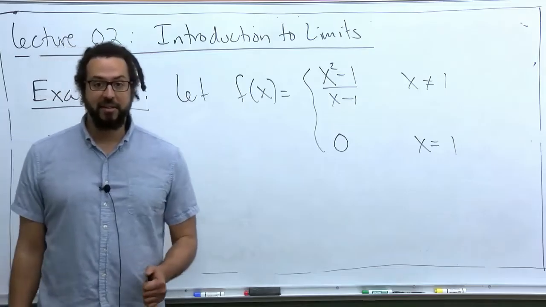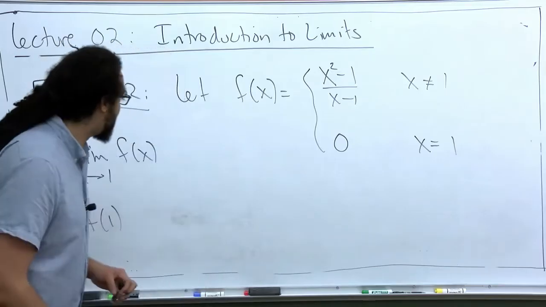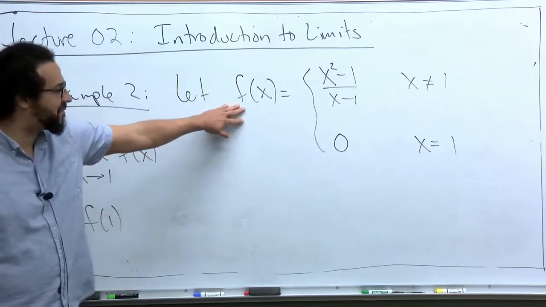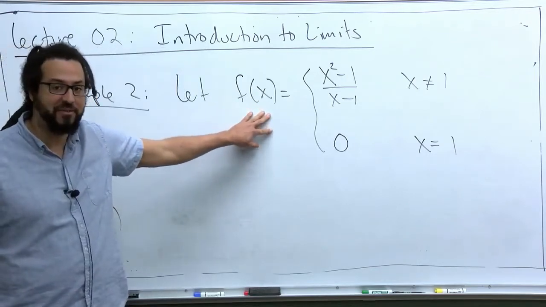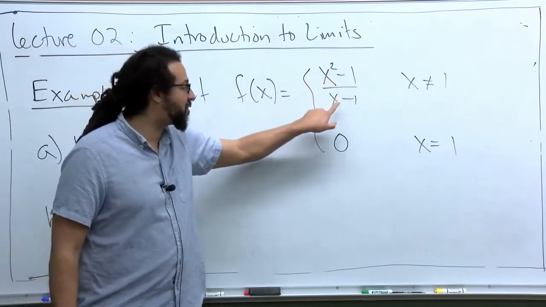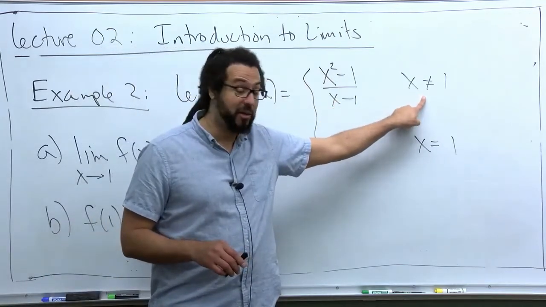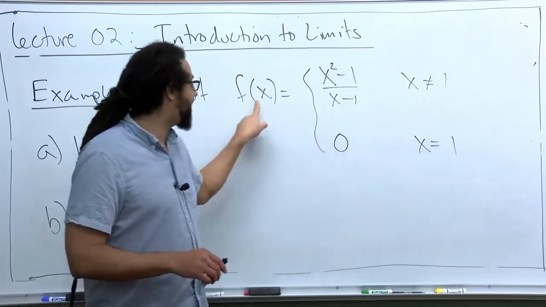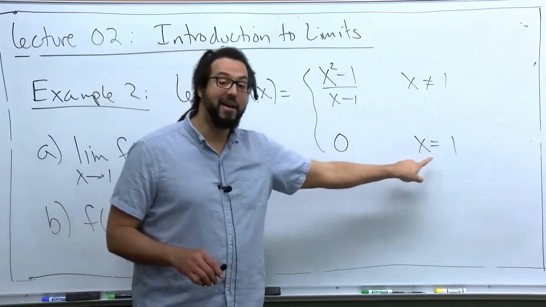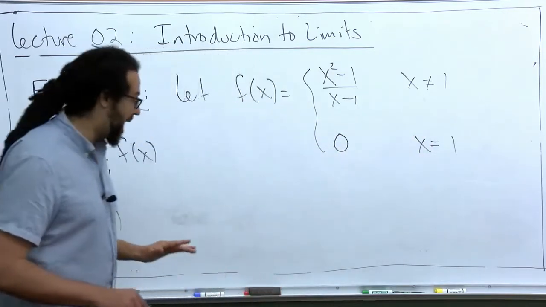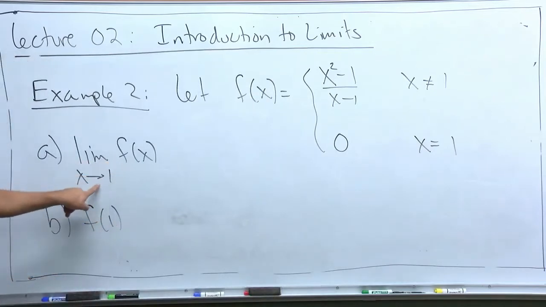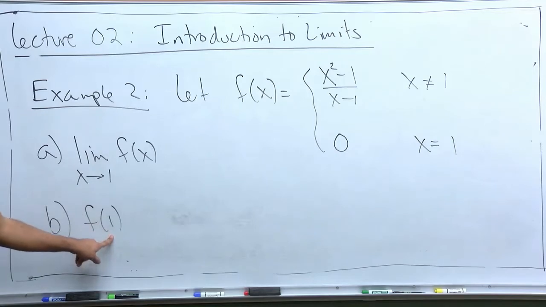Let's have a look at another example. In this case, I want to let f of x be this piecewise defined function: (x² − 1)/(x − 1) when x is not equal to 1, and then we will define f of x to be 0 when x is equal to 1. We want to find the limit as x approaches 1, and then we want to find f of 1.